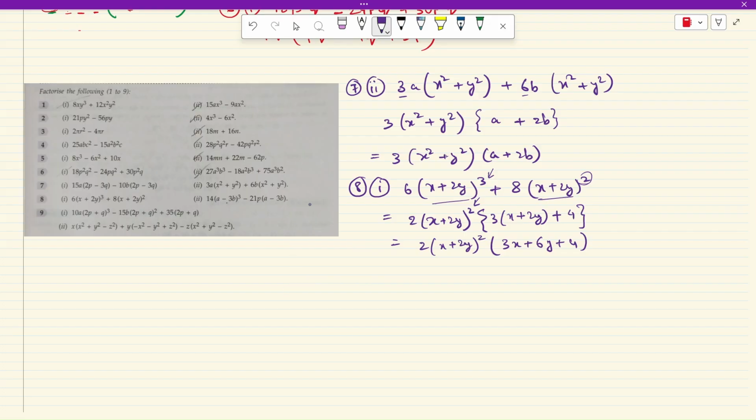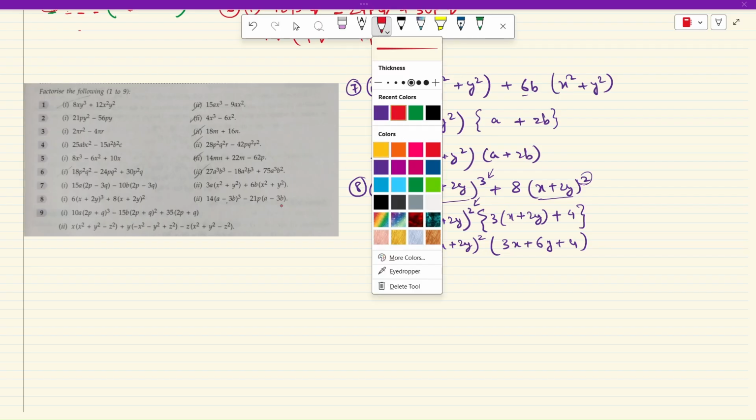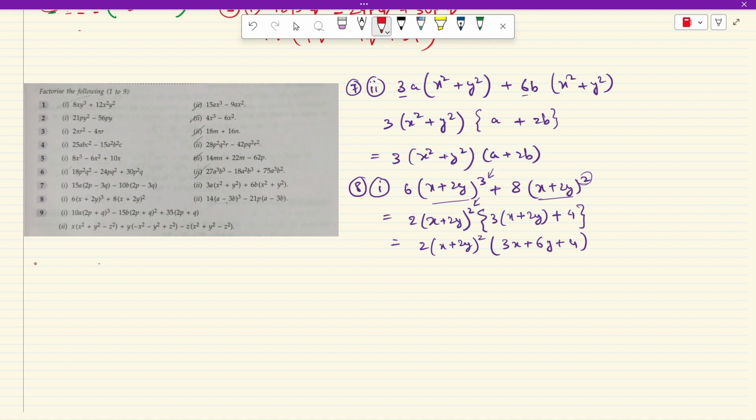Next. From here I am going to take 2a minus 3b as common, and from the numbers I will take 7 as common.